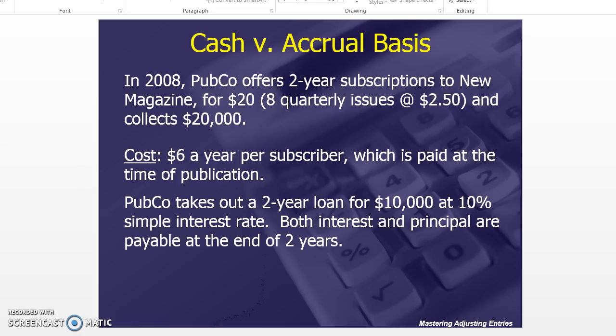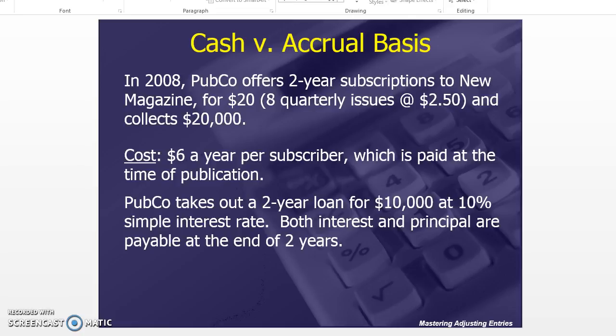Lastly, Pubco takes out a 2-year loan for $10,000 at a 10% simple interest rate. Both interest and principal are payable at the end of 2 years. So let's go to the next slide. It's going to show us what we would recognize for revenue and expenses under the cash basis and what we would recognize under the accrual basis.